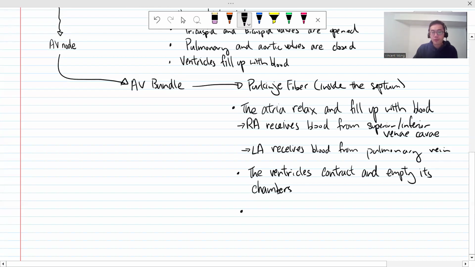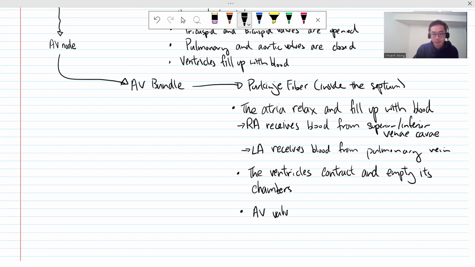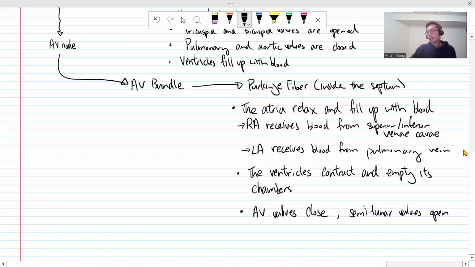Now, in order for the ventricles to empty, as in push all the blood forward, they need to close the AV valves and the semilunar valves open.